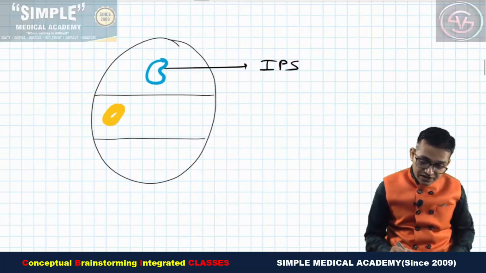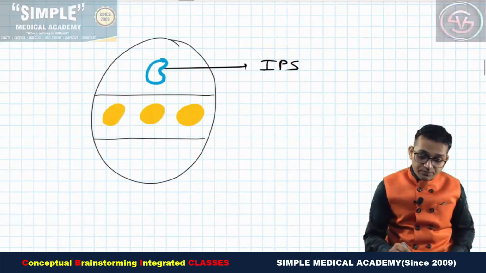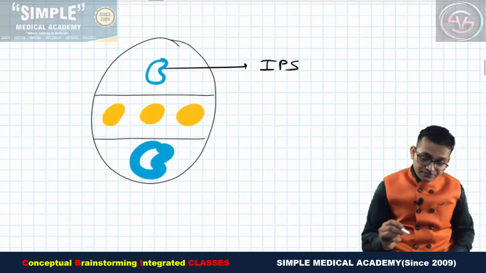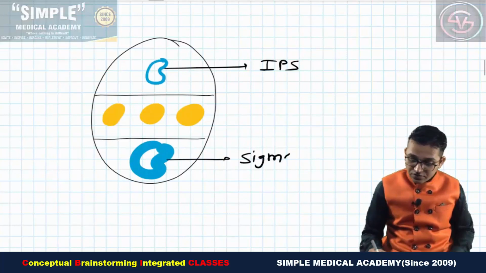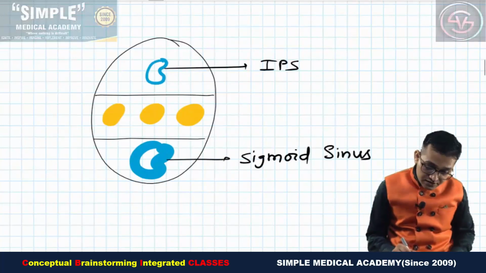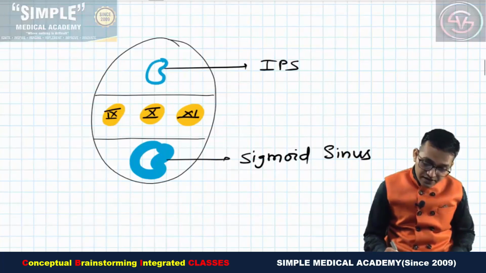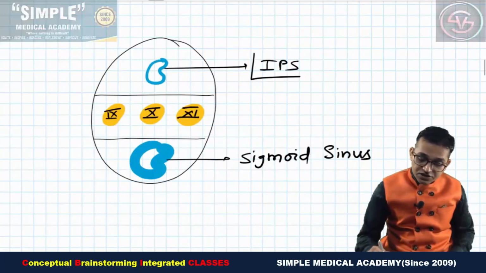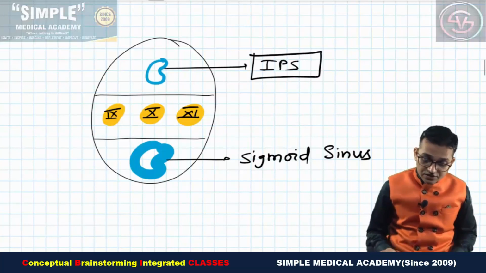Which cranial nerves? The 9th, 10th and 11th cranial nerves. The posterior part again has a large vein, the sigmoid sinus. So here is the sigmoid sinus, here are the 9th, 10th and 11th cranial nerves, while this structure is the inferior petrosal sinus.